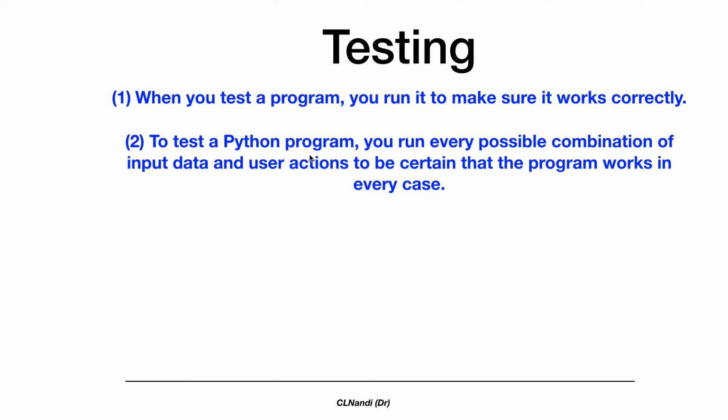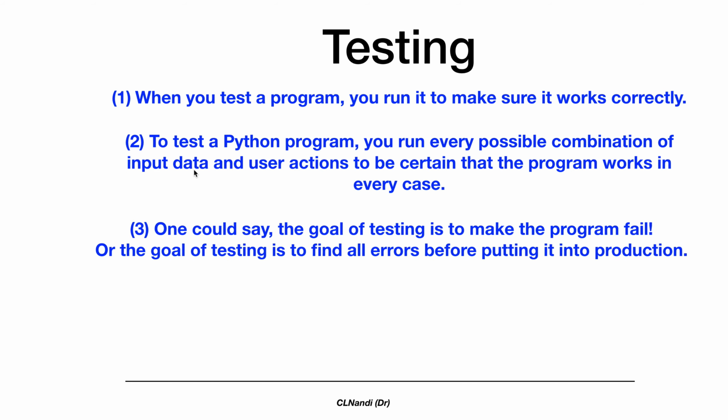And to test a Python program, you run every possible combination of input data and user actions to be certain that the program works in every case. So when you test a program, you don't just run it once with one type of input data, you run it several times with different types of input data to see that the output of the program is as you want every time.